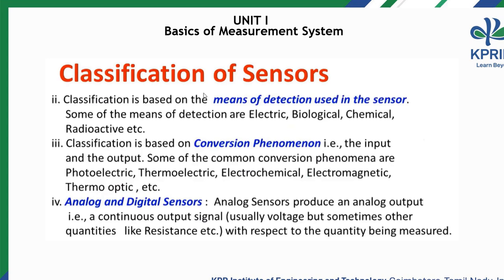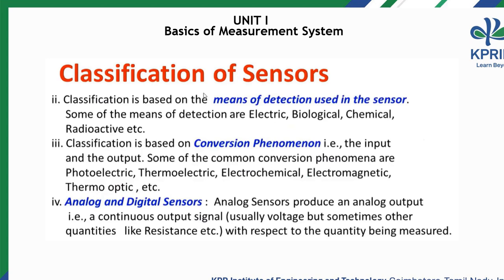Next, classification of sensors based on detection, that is, which quantity the sensor is able to detect. Based on that, we can classify the sensor. The examples are electrical, biological, chemical, and radioactive, and those quantities can be converted into electrical quantity by using different kinds of sensors.